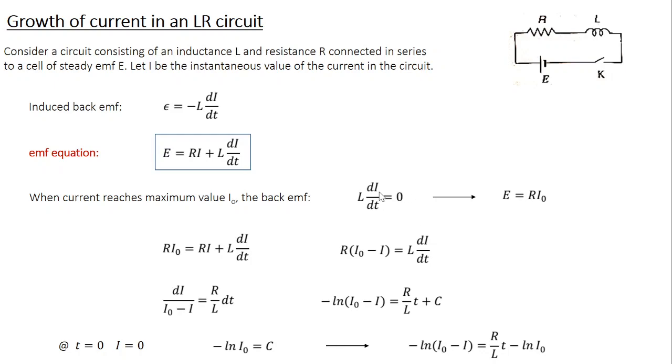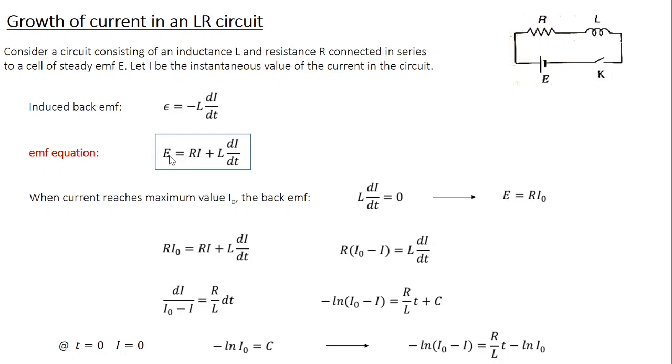When current reaches the maximum value I naught, this equation becomes E equal to R I naught plus 0, or E equal to R I naught, and the maximum value of the current I naught is nothing but E divided by R.